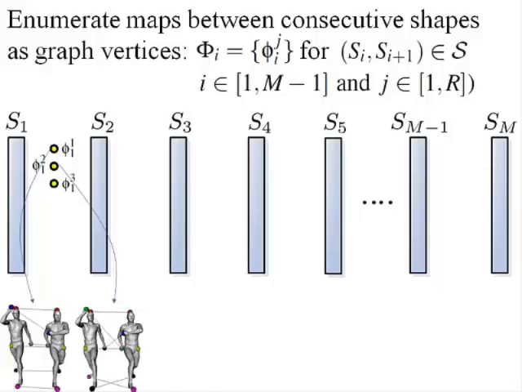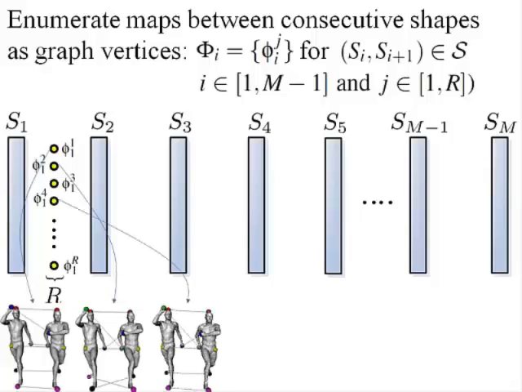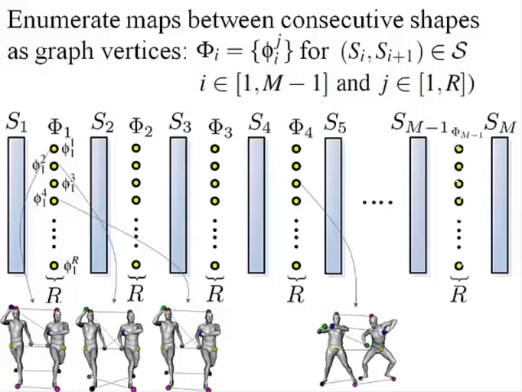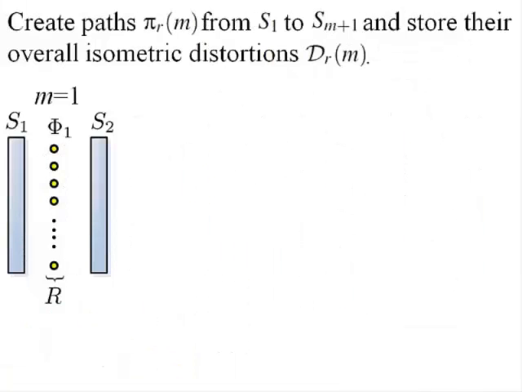Then another. So like this, as you understand the flow, we build our vertices this way. Then the interesting part begins. We create paths from S1 to S(n+1) and store their overall isometric distortions in this calligraphic D in the dynamic programming table.